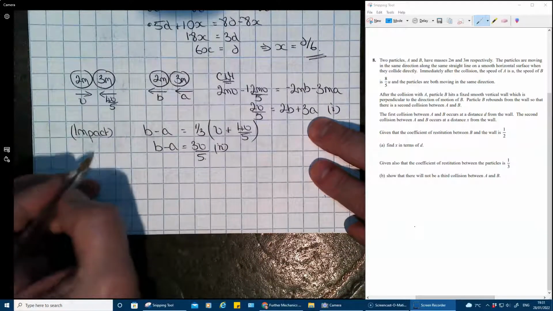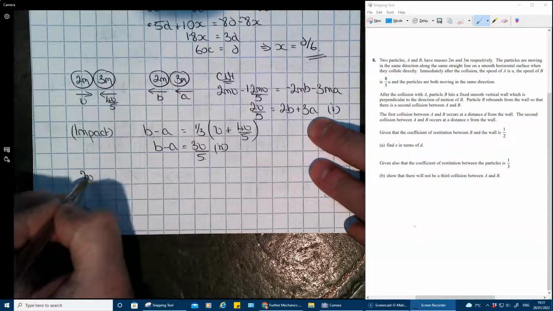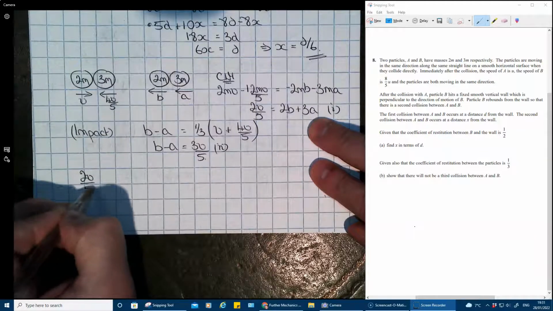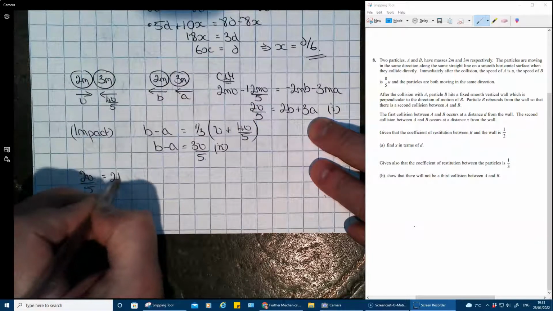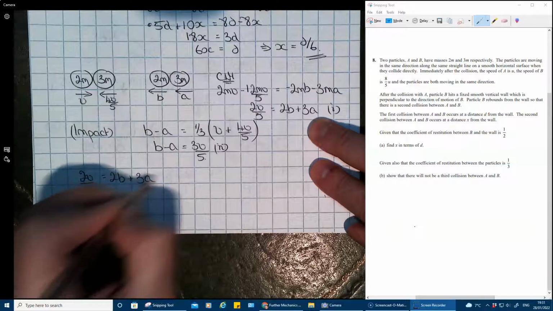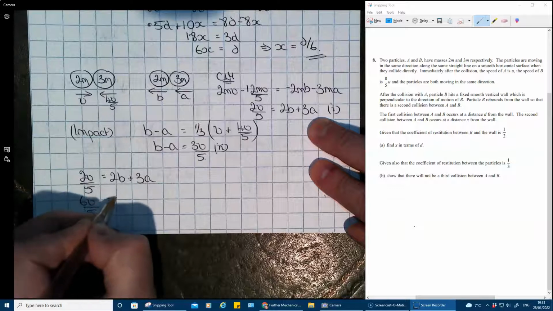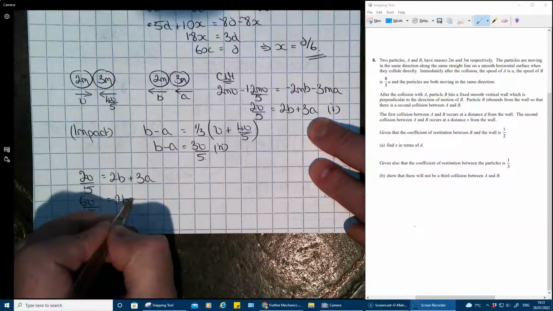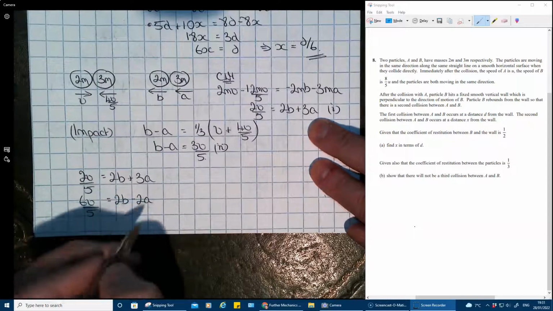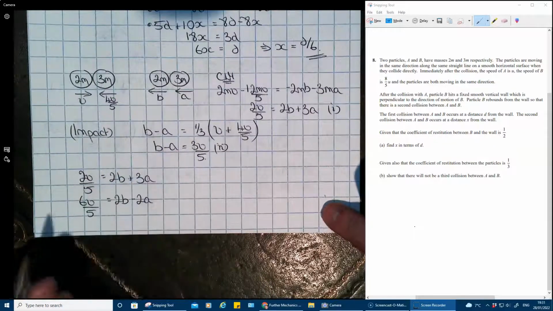So we've got 2u over 5 equals 2b plus 3a. 6u over 5 equals 2b minus 2a. Okay, just doubling this one.